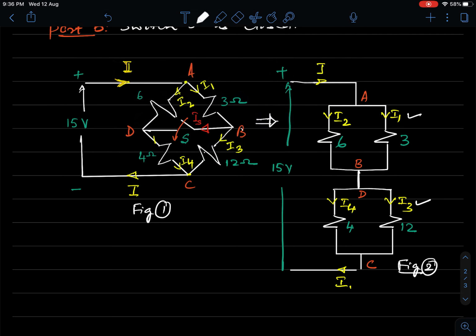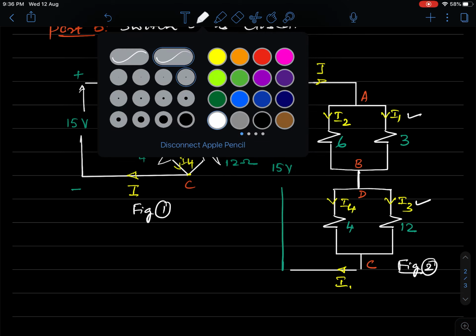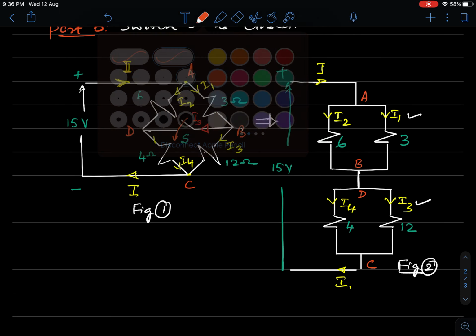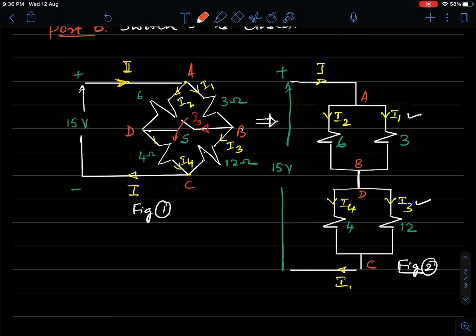Let me mark those potential differences. What I mean is I need to know the potential difference here. I will call this V3 ohms, and I will get this current also.